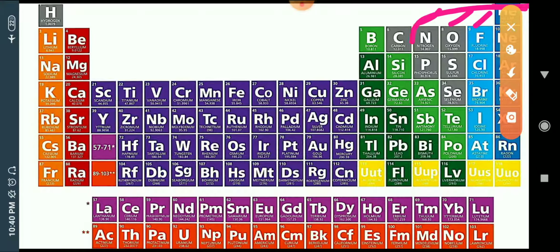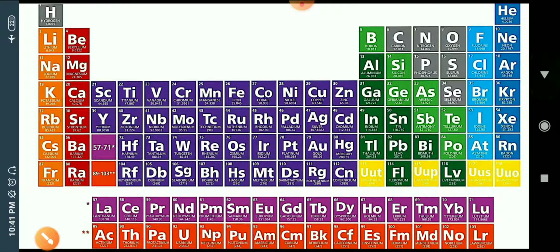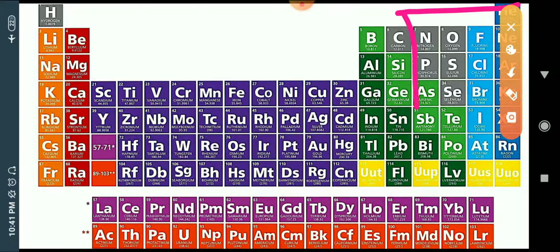All these four groups are present in your syllabus and are of the P block. We will discuss these four groups in the P block chapter.